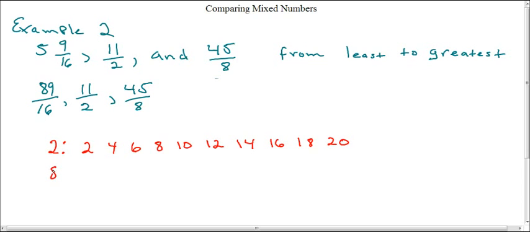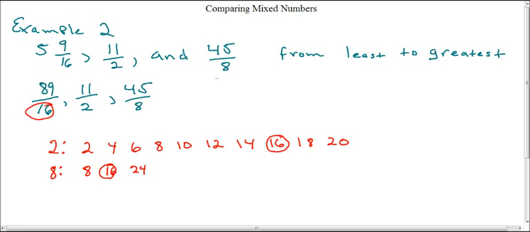Let's go with 8. We have 8, 16, we have 24. Oh, wait a minute. Look what I see. I see a 16 and a 16, and then here's a denominator of 16.